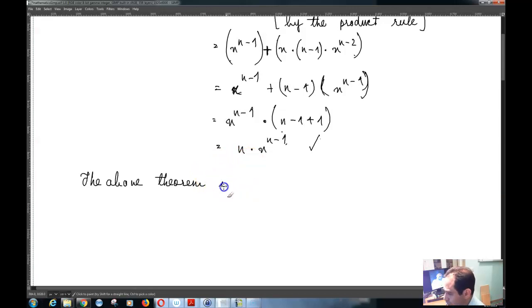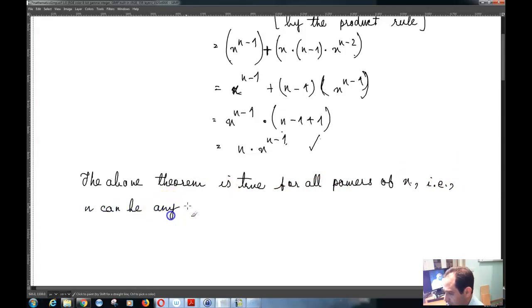The above theorem is true for all powers of x, that is, n can be any real number, but we will not prove this over here. But of course, you can use it for any real number if you need to.